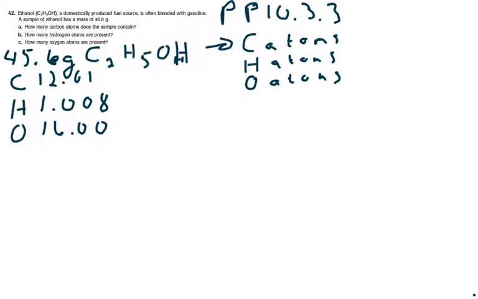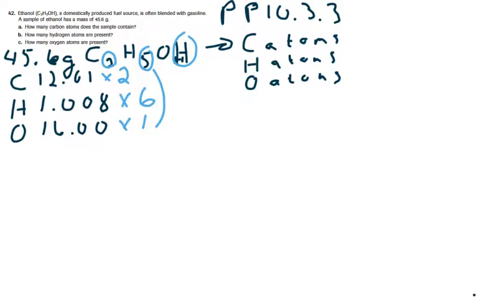Then we multiply by how many we had. Carbon, we got 2. Hydrogen, there is 6, because we got 5 there and 1 more over here. So there's 6. And oxygen, there's only 1 of them there. So then we do some multiplying and some adding. Take out your calculator, and you do 12.01 times 2. Always make sure you do the calculations as we're going through these.